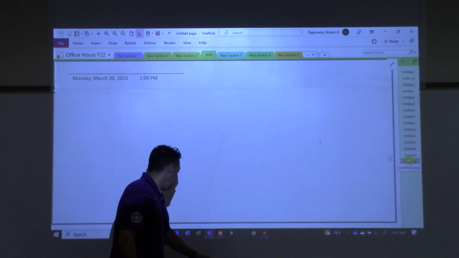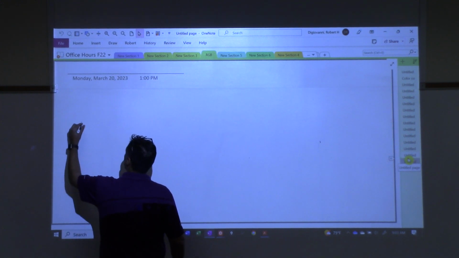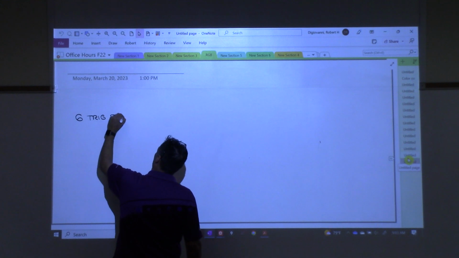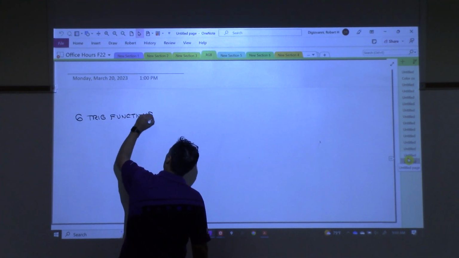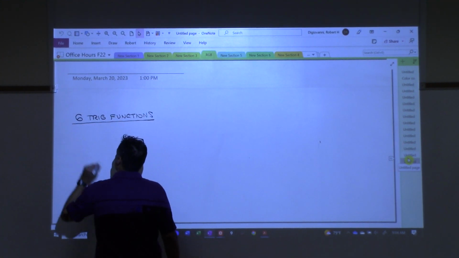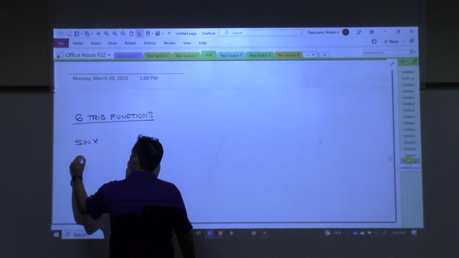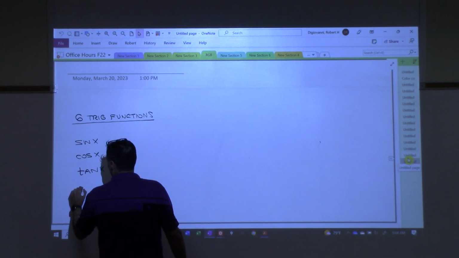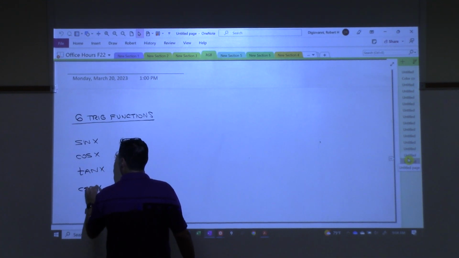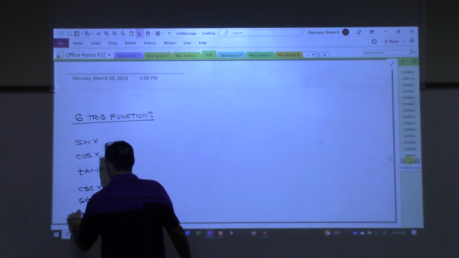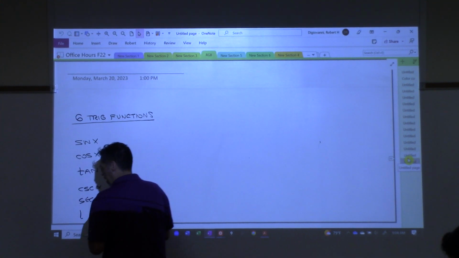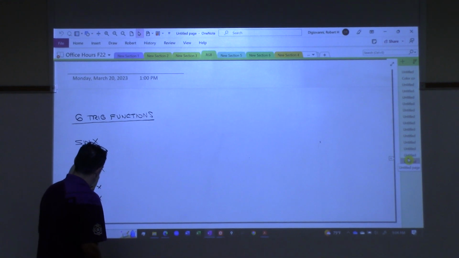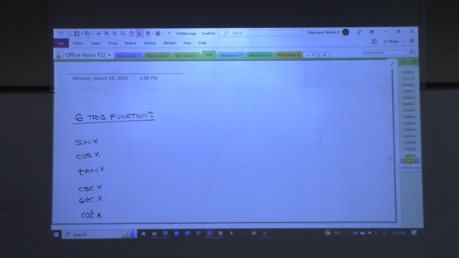As it stands right now, there are 6 trig functions that we learn in pre-cal: sine x, cosine x, tangent x, cosecant x, secant x, and cotangent x. Those are our 6 trig functions from pre-cal.